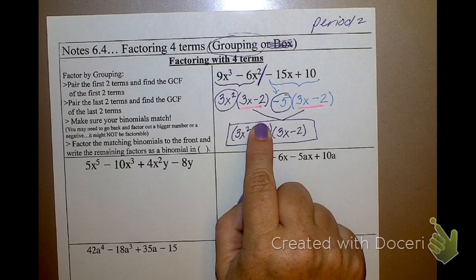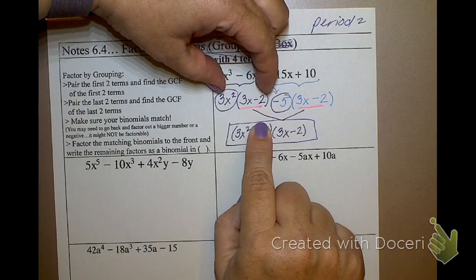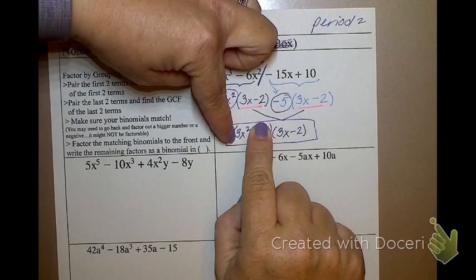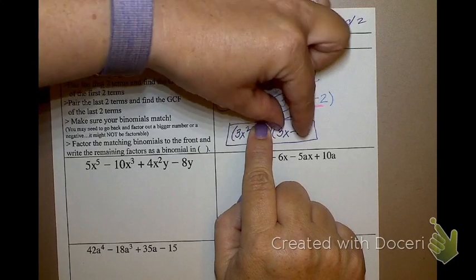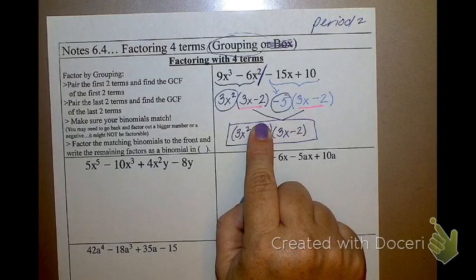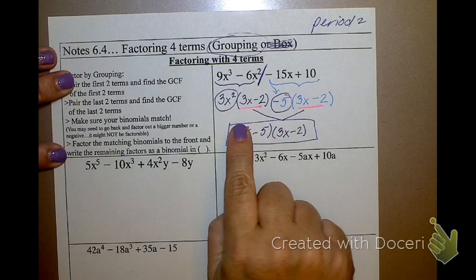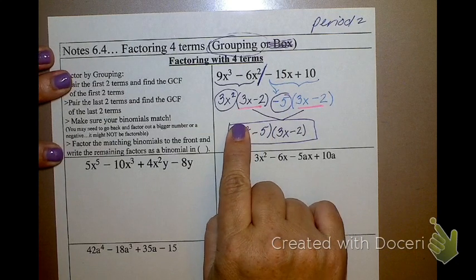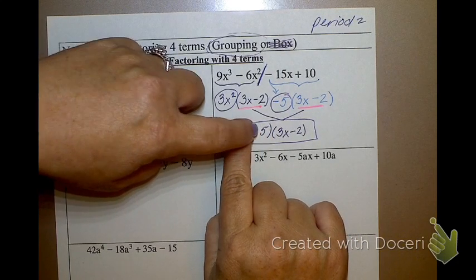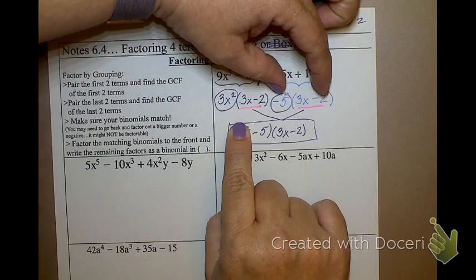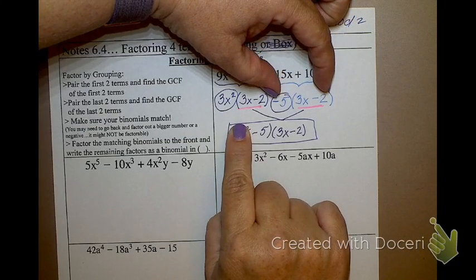Do you remember that? This represents that. 3x squared being distributed to that 3x minus 2. Then I pretended like the 3x squared didn't matter, or wasn't there, and I took the negative 5 and distributed it. Do you see that that's what's represented right there?